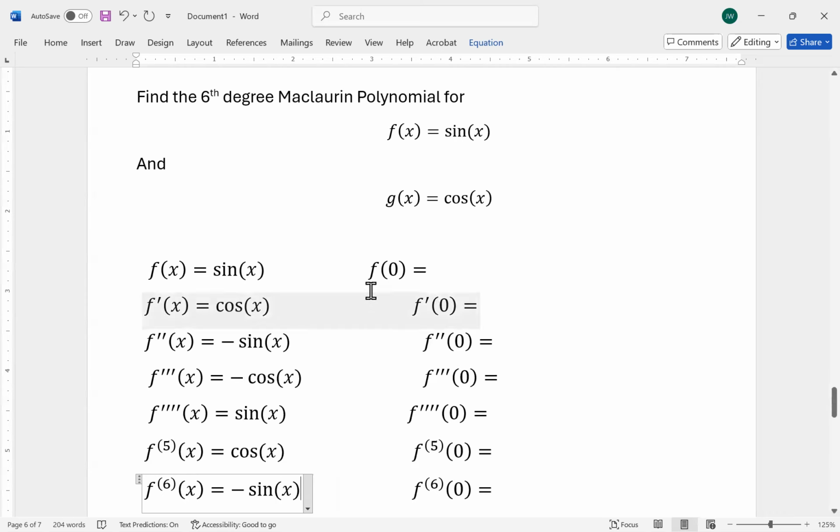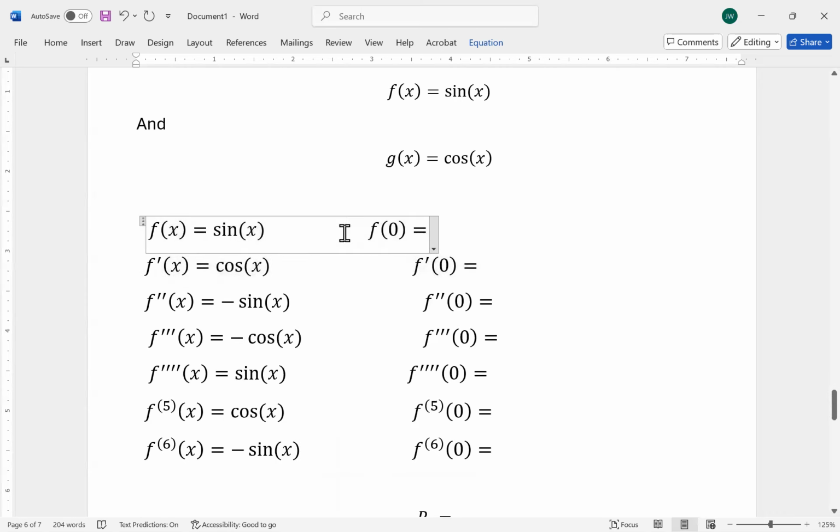Now, Maclaurin means I'm centering this at 0. So every time I plug in a 0 to sine, I get out a 0. Every time I plug in a 0 to cosine, I get out the number 1. So notice we're going to have 0 when I plug into sine, 1 when I plug into cosine.